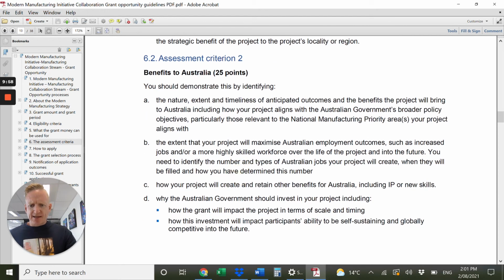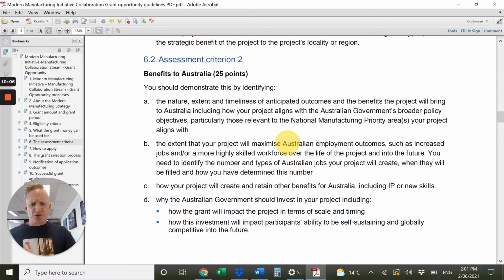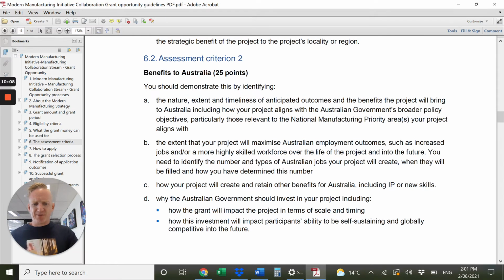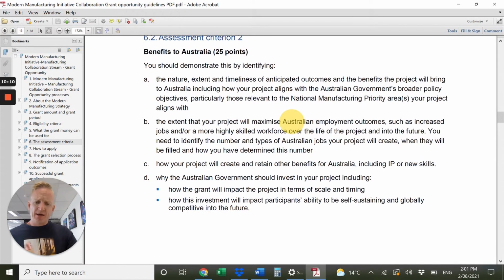The extent that your project will maximise Australian employment outcomes. So I read from that they want you to be employing Australians. So where are they going to be coming from? Are you going to be stealing them from someone else in Australia? We don't want to be seen to be funding some Australian companies and then having other companies go out of business because you've taken all their employees. So how will you deal with that?